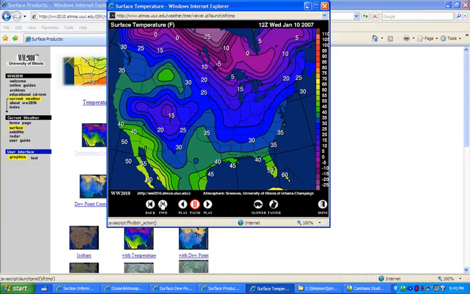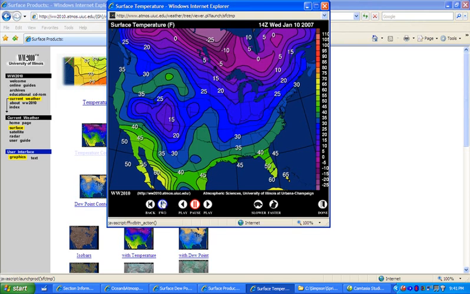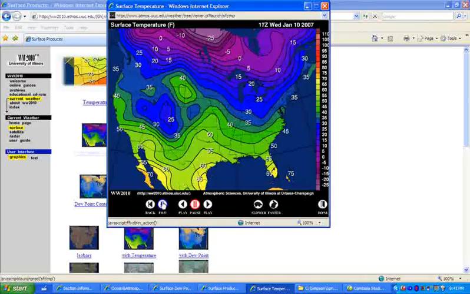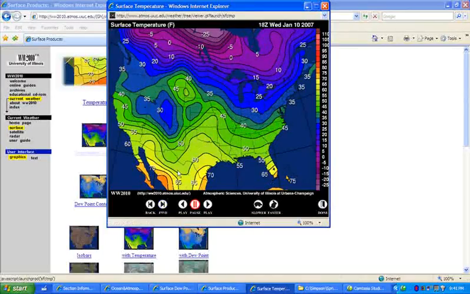Let's see how temperatures changed through the morning up to 18Z. You'll notice at 18Z, the temperature over Des Moines was probably right around 40 or 41 degrees, because the 45-degree isotherm was in southwest Iowa and the 40-degree isotherm was located in central Iowa.